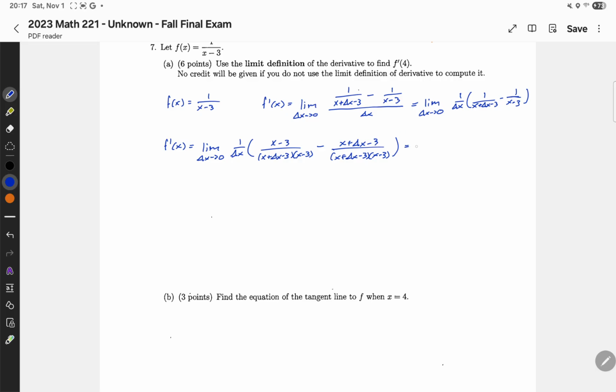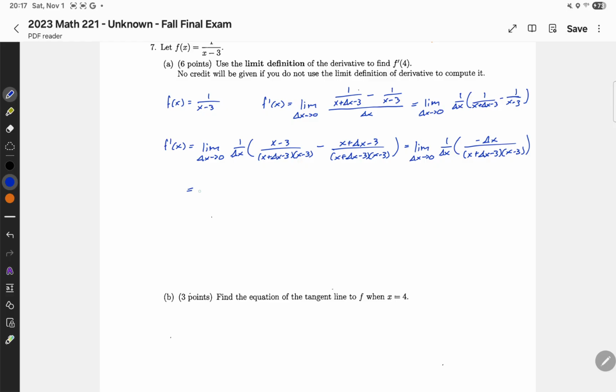And now this is going to simplify to the limit as delta x approaches 0 of 1 over delta x times, on this top bit, x and x are going to cancel. Minus 3 and minus 3 are going to cancel. We're just left with a negative delta x. On the bottom, we get x plus delta x minus 3 times x minus 3, just like that.